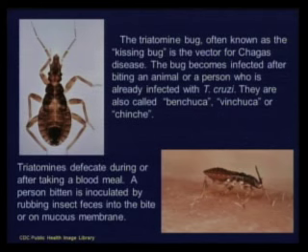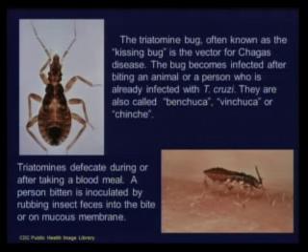It is transmitted by this kind of cute little fellow called a kissing bug, or triatomine, and it's a cool way of transmission. It's not really very efficient, because this is a blood-sucking insect, and he takes blood meals from you, and then the bug says, "Oh my goodness, that was the best blood meal I've had for a long time."